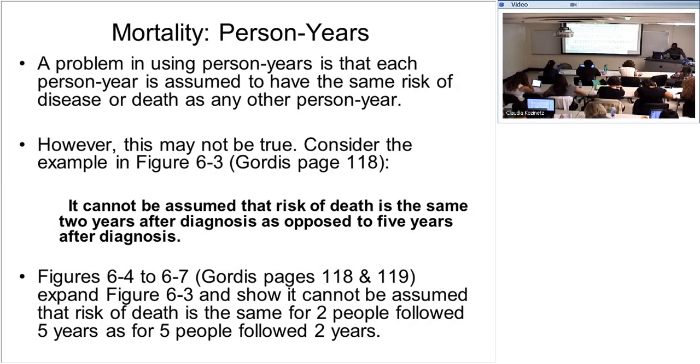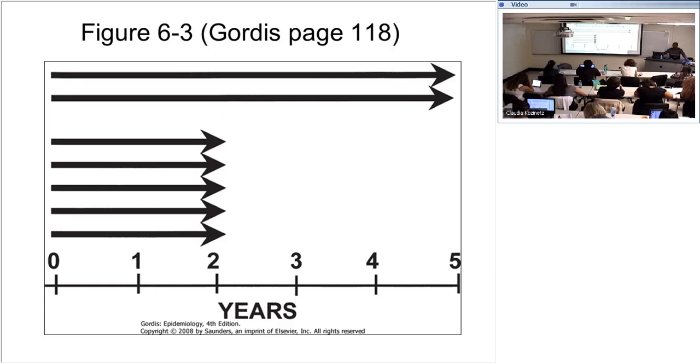When we look at Gordis, the book, we could see some examples. This is the scenario that we can use to illustrate the point: if we have a disease where there's a higher risk of dying within the first 2 years, and we have 5 people who live for 2 years, they have 10 person-years.